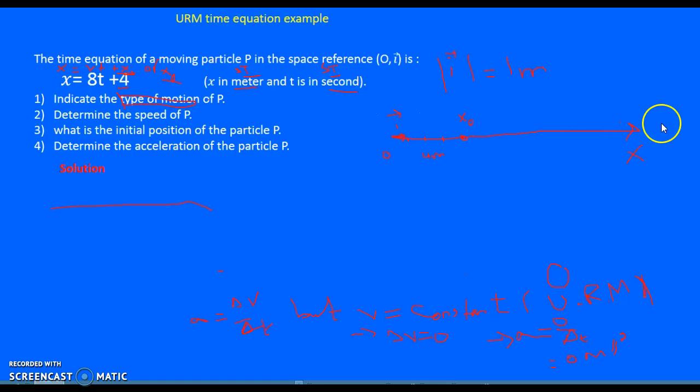I represented the space reference, or the x-axis, with the origin O, and in order to explain it to you, I suppose that the magnitude of the i vector is equal to 1 meter, because x is expressed in meters. So it's in this direction. Every 1 centimeter on the paper represents 1 meter in reality, which is the magnitude of the unit vector. So this is the origin of the x-axis.